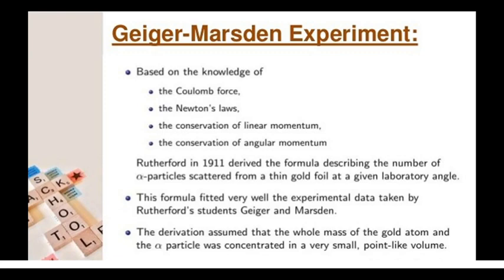Based on the knowledge of Coulomb force, Newton's law, linear momentum and angular momentum, Rutherford had derived the theoretical formula, but the experimental data was given by Rutherford's students Geiger and Marsden. The derivation assumed that the whole mass of the gold atom and the alpha particle was concentrated in a very small point-like volume.